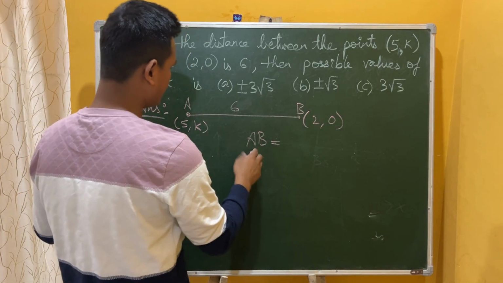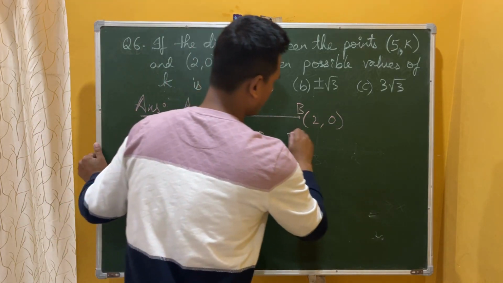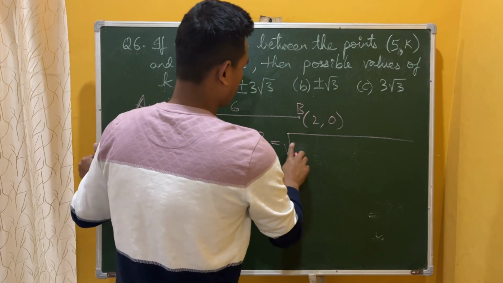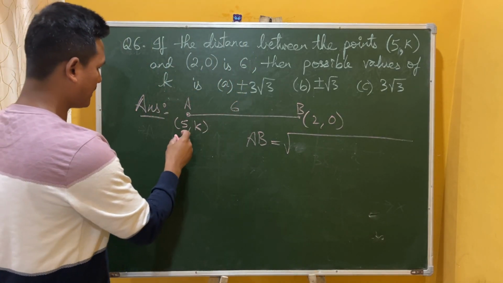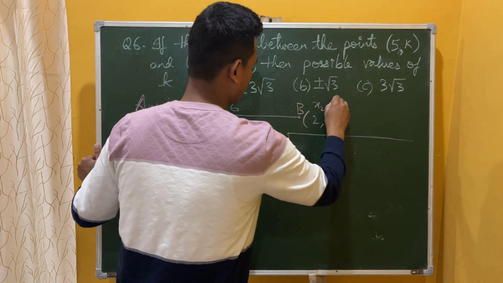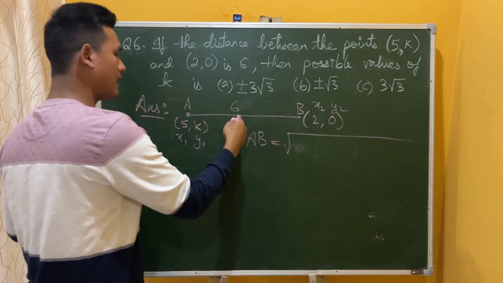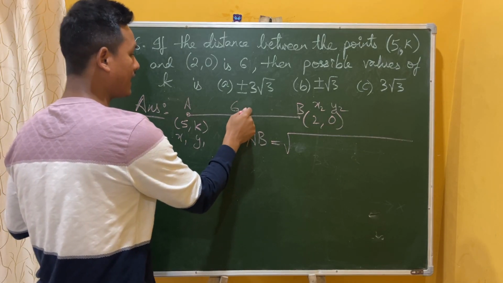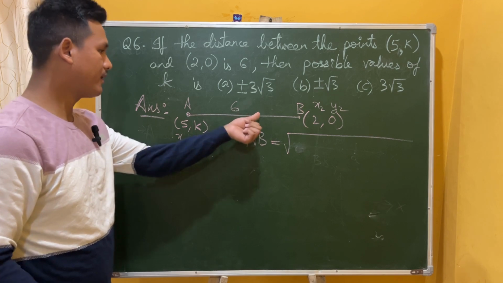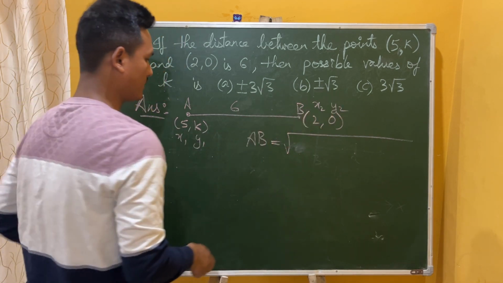The distance formula says the distance between AB is, always consider this as x1, y1, this as x2, y2, and if there is a point lying between them, say that is x and y. Okay, x1, y1, x y, say x2, y2.